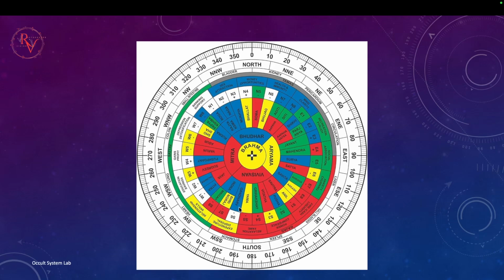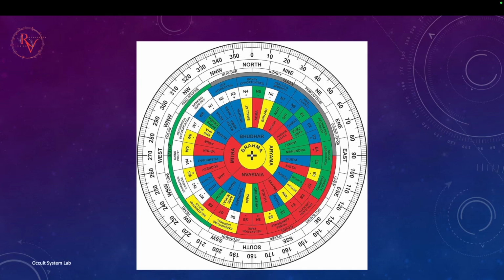For example, let's say in the southwest direction, the southwest direction is earth element, right? You can see the yellow color, earth element. So if in this particular direction any kind of imbalance is present, let us say you have kept a water element, let's say you have placed an overhead water tank.